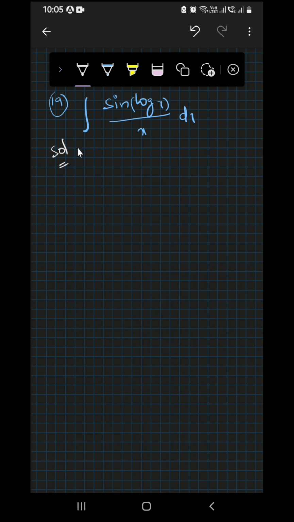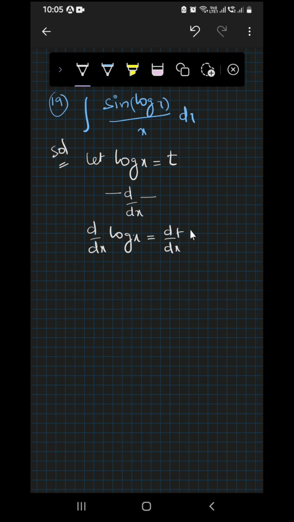Next problem, integration of sine of log x by x dx. To solve this, take log x as t. So let log x be equal to t. Now differentiate on both sides with respect to x. We get d by dx of log x is equal to d by dx of t.